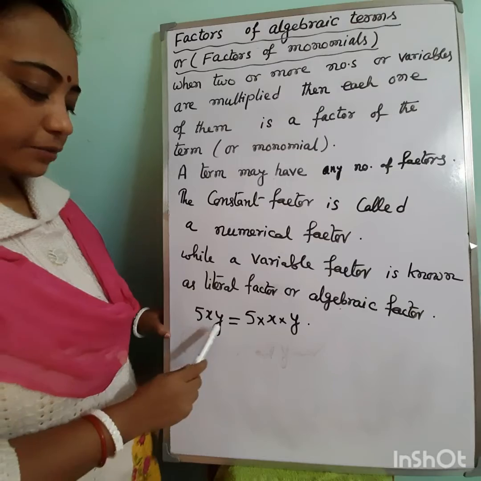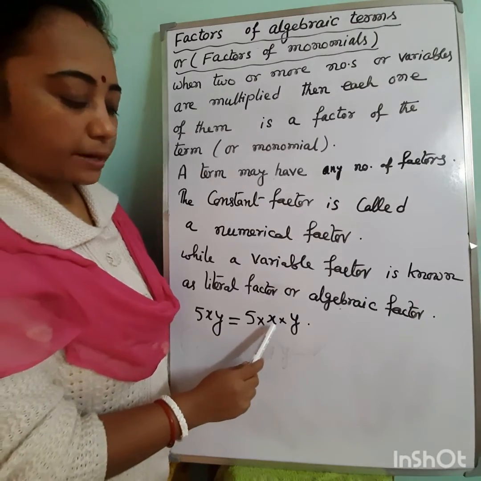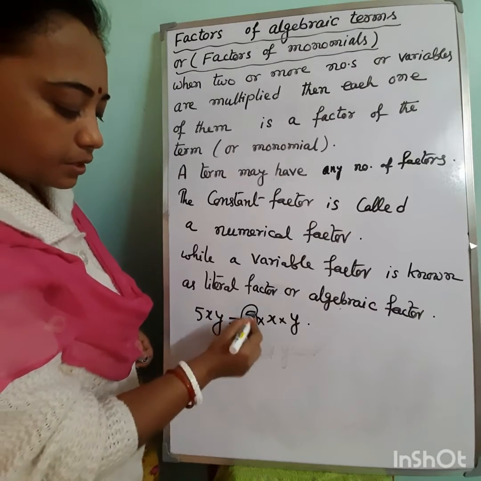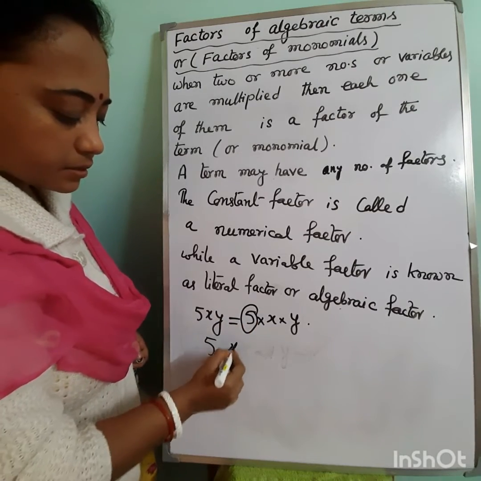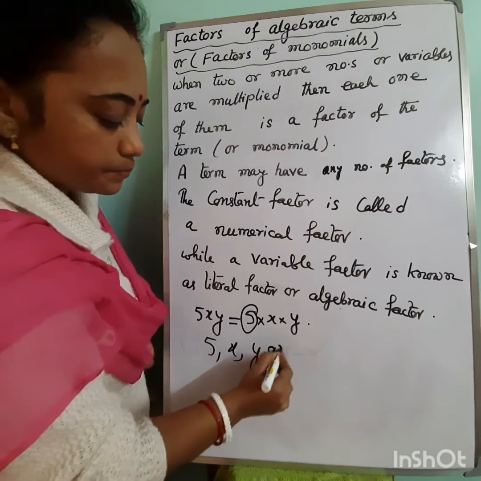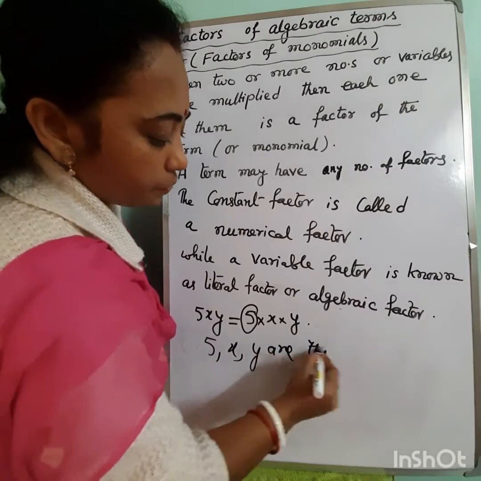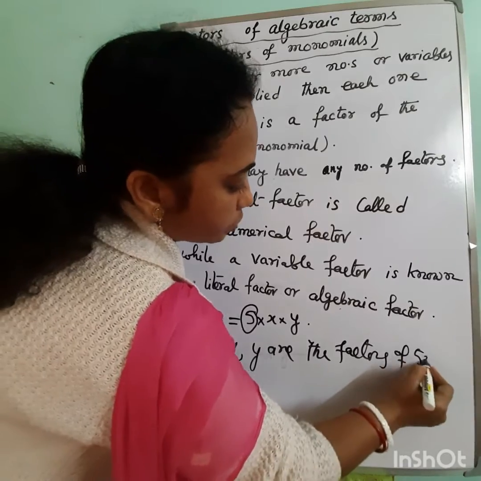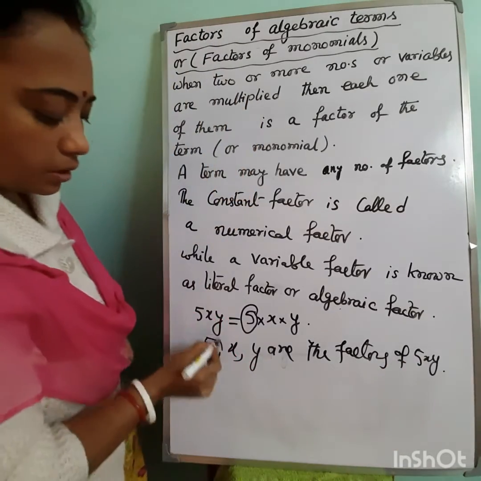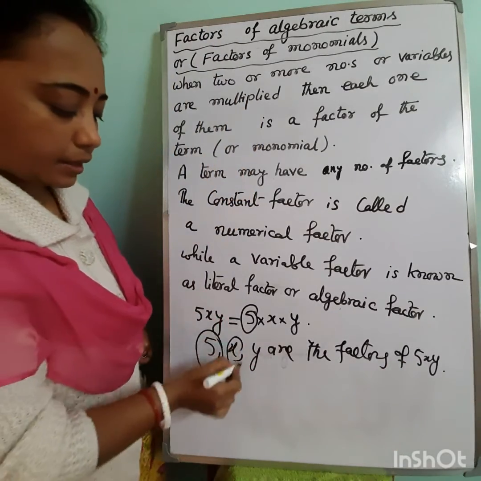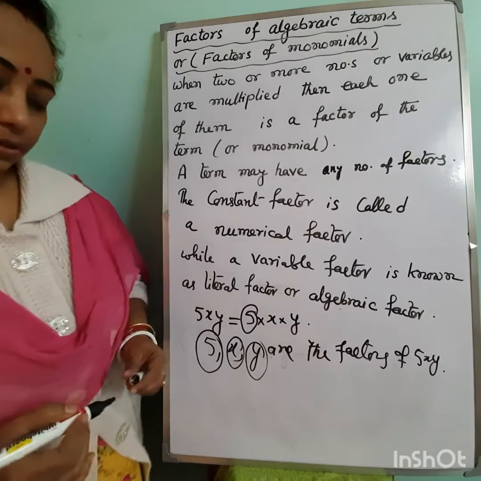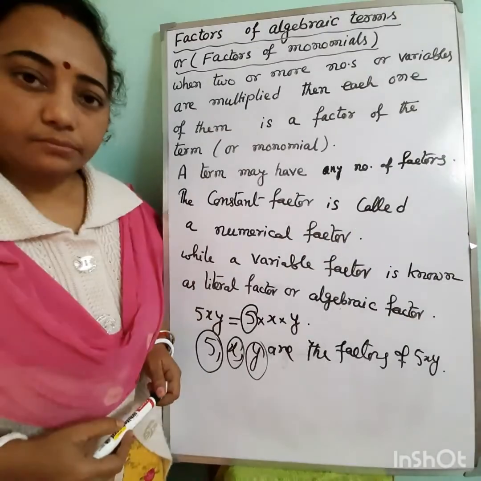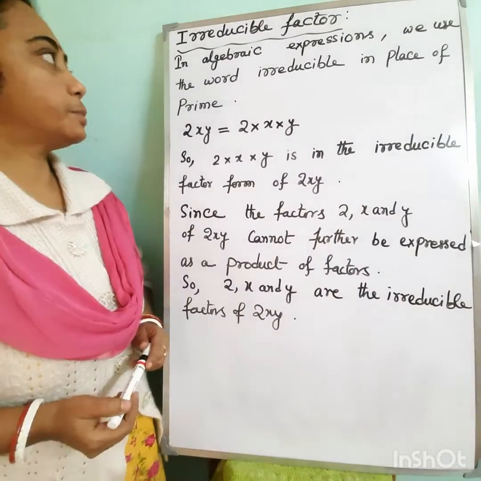For example, 5xy can be written as 5 multiplied by x multiplied by y. So 5, x and y are the factors of 5xy. 5 is called the numerical factor and x and y are the variable factors, or we can say algebraic factors. Now, what is an irreducible factor?